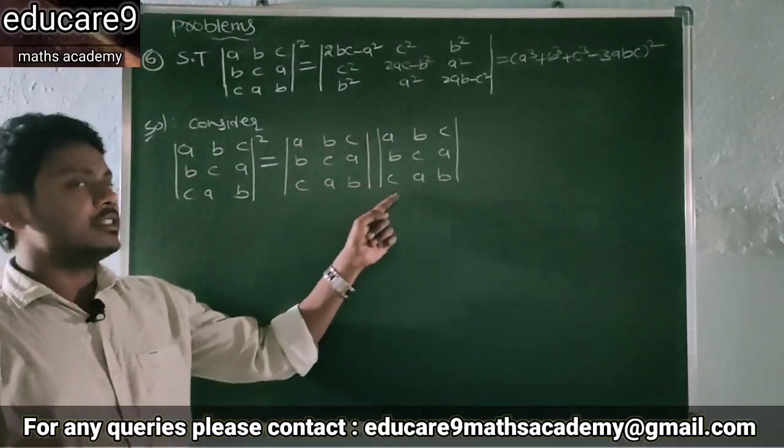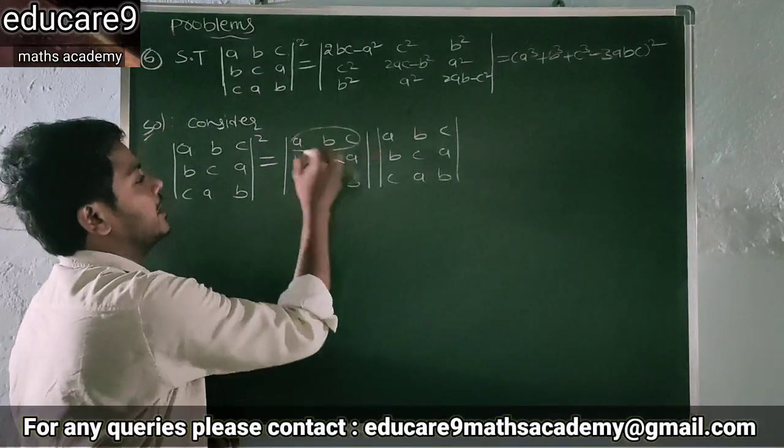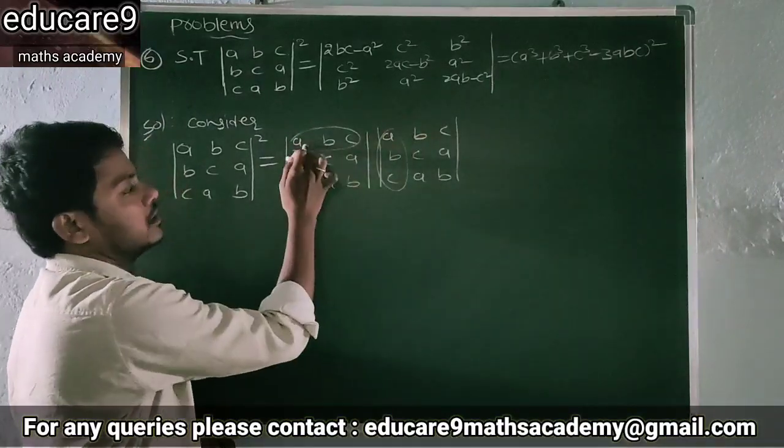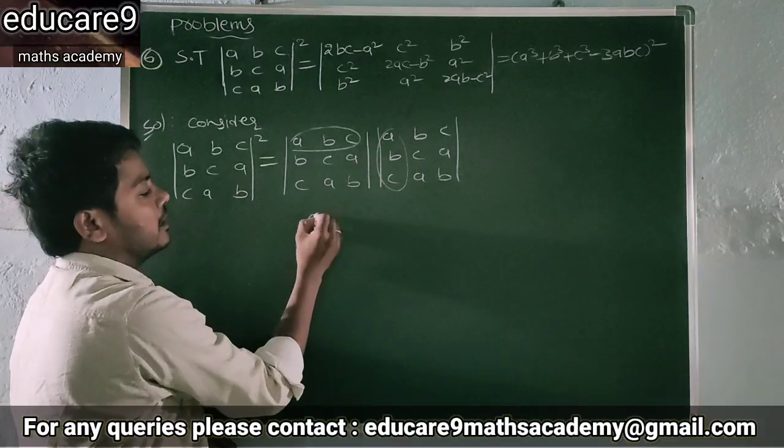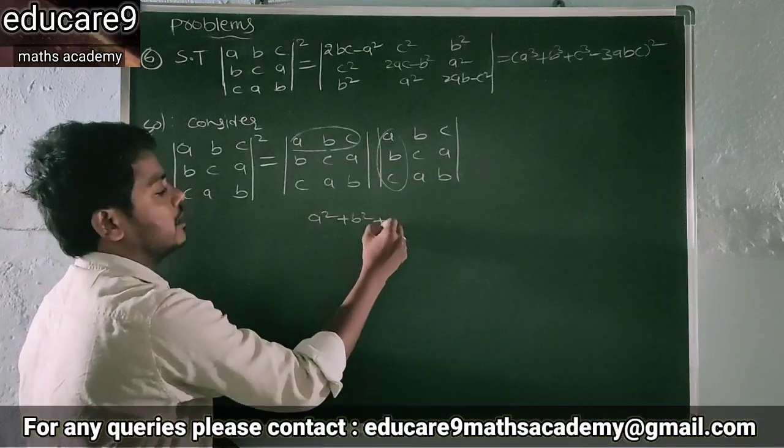So now multiplying these two, what will you get? A into A square, B into B square, A into C.